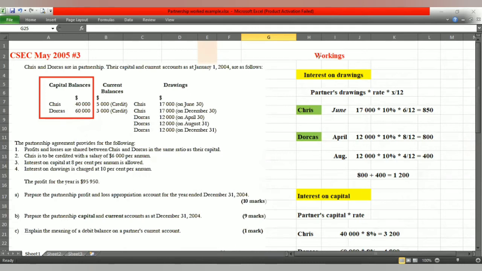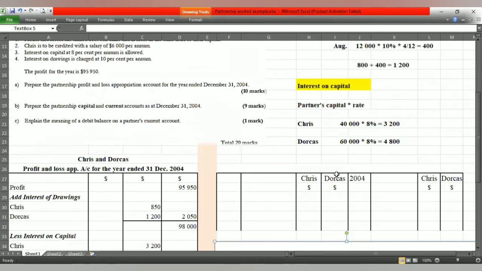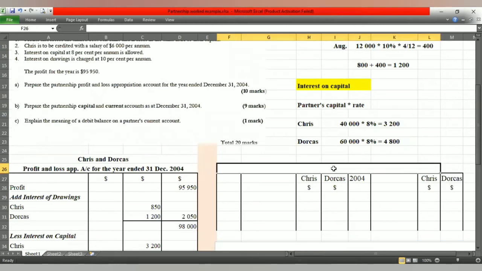We're going to reflect that in the capital account, and all you're doing is just showing the balances, because we don't have anything else that relates to the capital right now, because there wasn't any injection of additional capital into the business by any of the partners. At this stage, I'm going to use the columnar format.